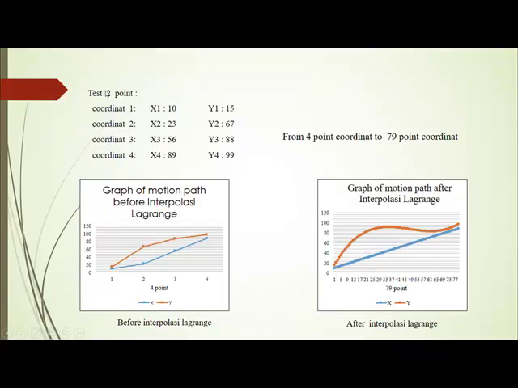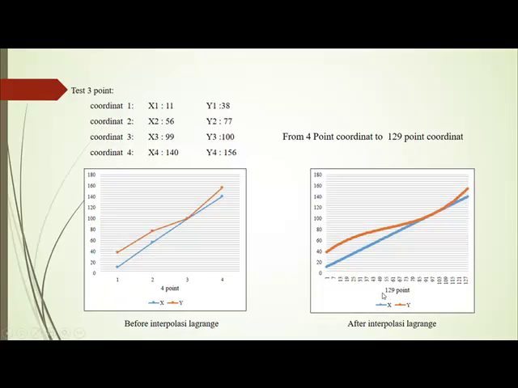How about the second test? We input four coordinates, and from four point coordinates we have 79 point coordinates. Then in the third test, from four point coordinates we have 129 point coordinates.